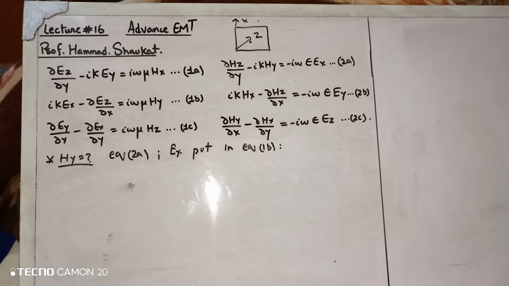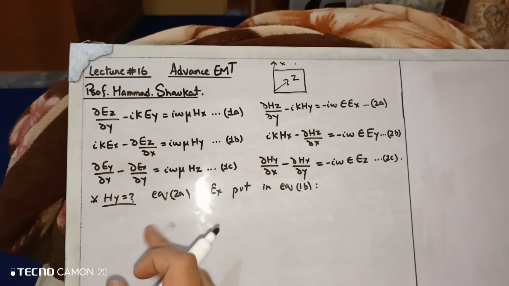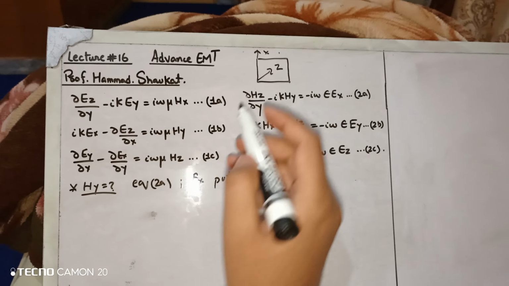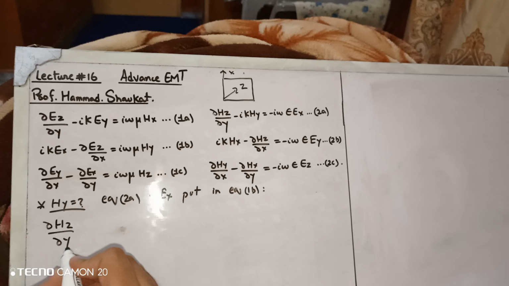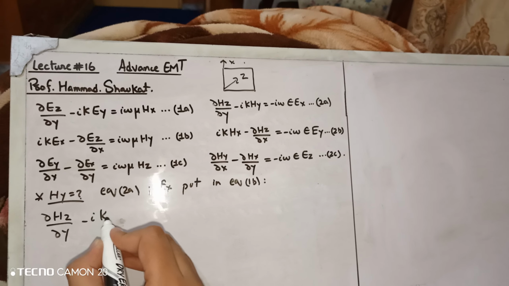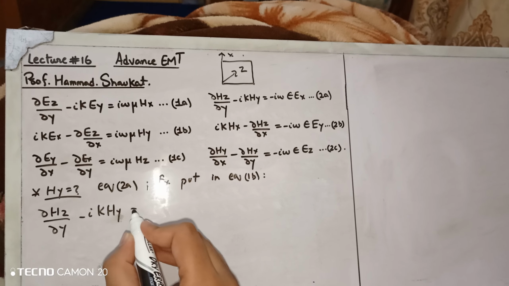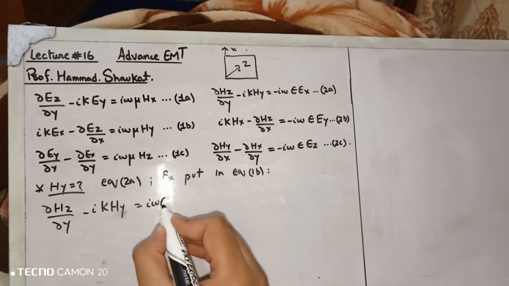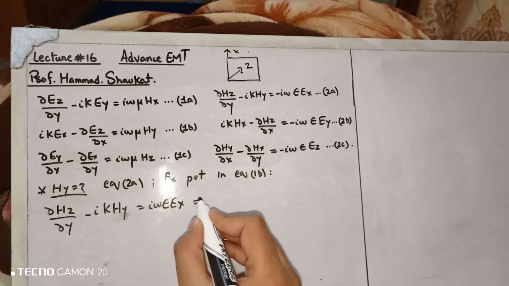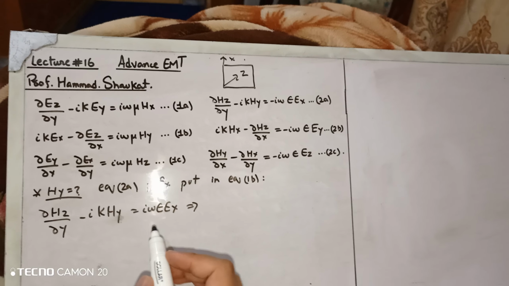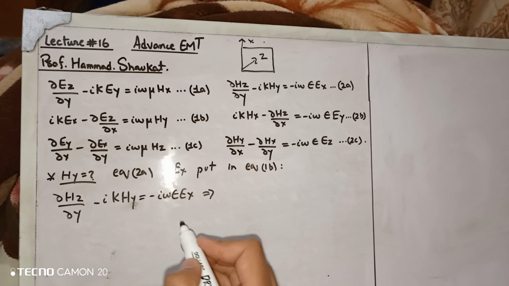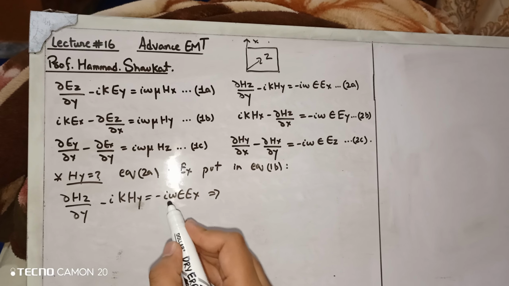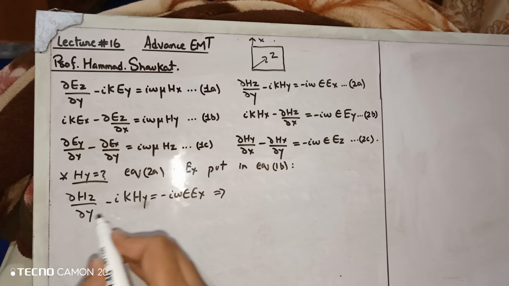Okay, so let's start. Because you need equation 2a, first of all rewrite equation 2a. This is equation 2a: ∂Hz/∂y minus ik Hy equals minus iωε Ex. Because we have to find Ex from this equation, you have to divide by minus iωε on this side and this side also.